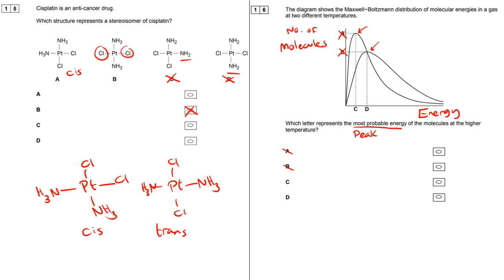At a higher temperature, the peak will get lower and shift to the right. You see many more molecules have the activation energy or greater. So this curve here, I'm attempting to draw around, is the one at a higher temperature, and therefore D is correct. That's the most probable energy.